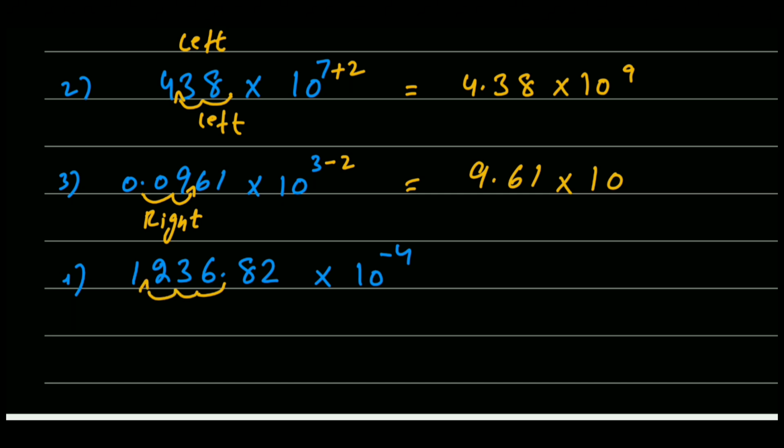So our decimal has to move 3 numbers left side, and left means increase, so our power will be increased by 3 because our decimal is moving 3 numbers left. So what will be our final answer? 1.23682 multiply 10 raised to power minus 1.